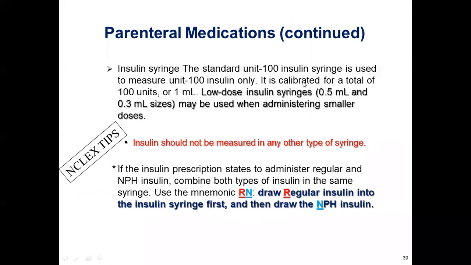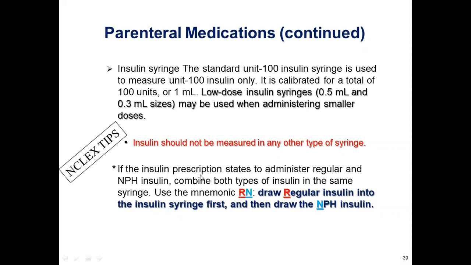A low-dose insulin syringe may be used when administering small doses. For the NCLEX, note that insulin should not be measured in any other type of syringe. It is better to measure it with an insulin syringe.